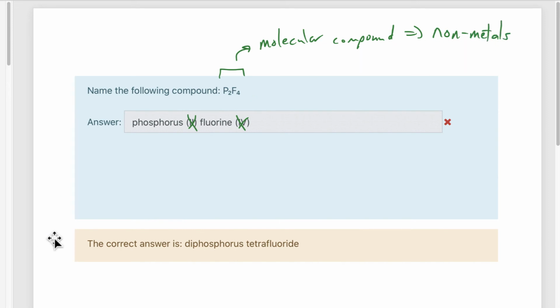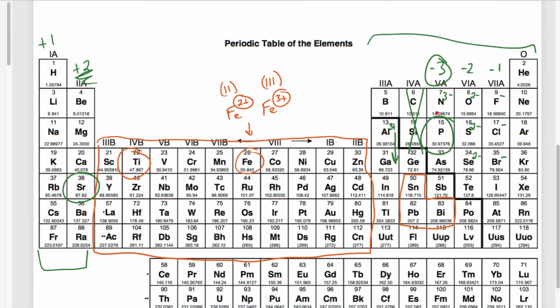There's this stair step on a periodic table, and nonmetals are over here, but pretty much any element on the right-hand side of this divider on the periodic table. So I know some of these are metalloids. They're included in this group that always forms molecular compounds.